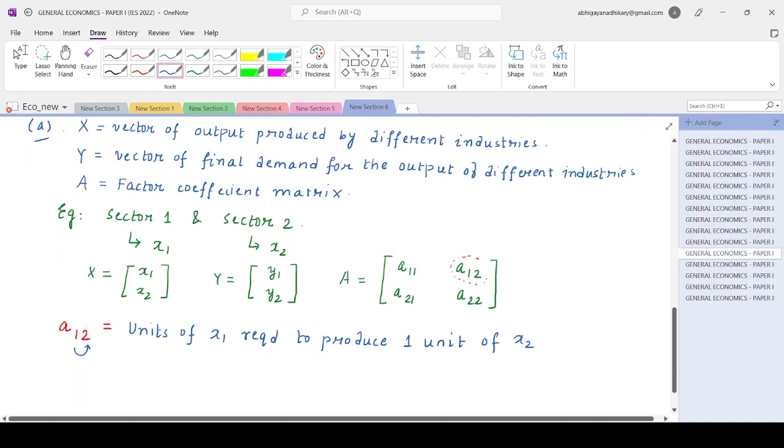That means we will define it in this term. It is basically x12 by x2, where x12 is units of x1 going into production of x2.